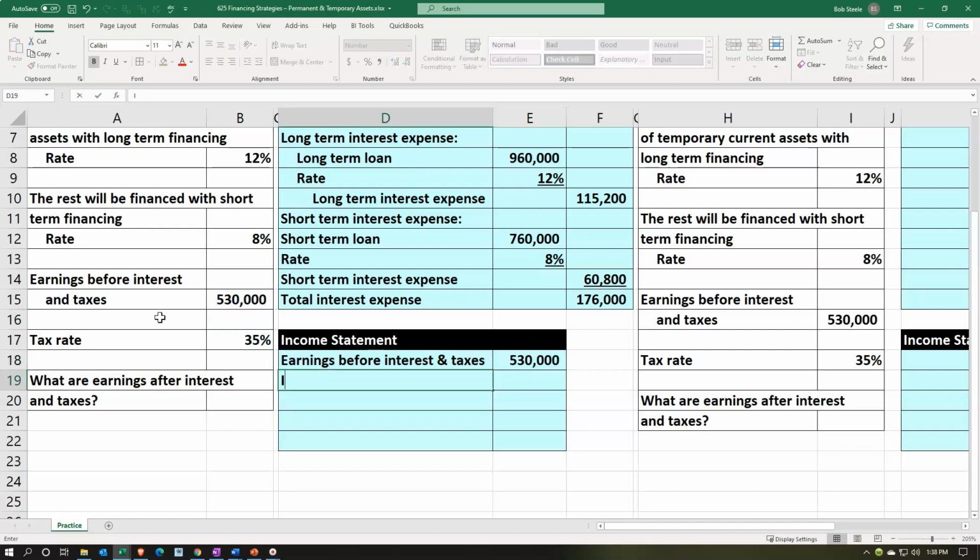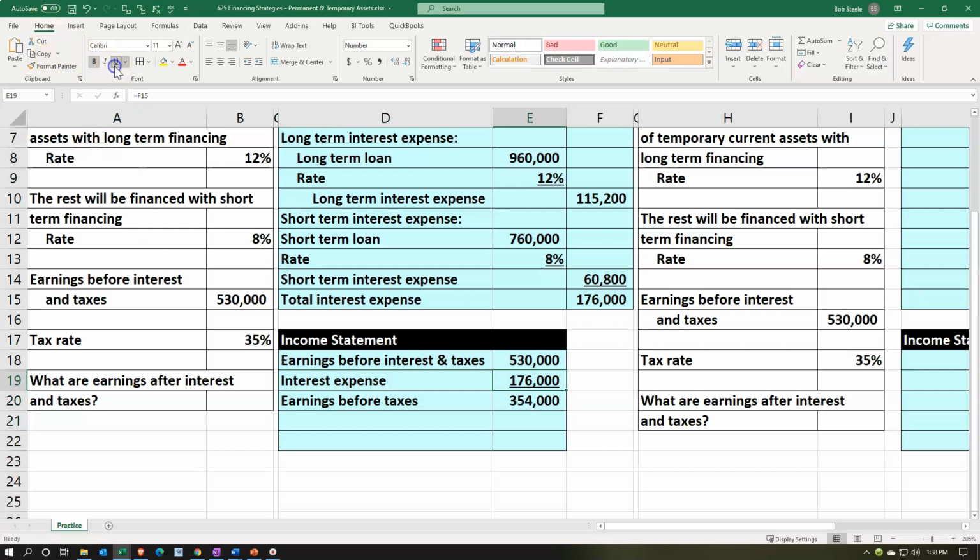Then we calculated the interest expense up top. We did that right here. That's what we just did. That's the 176,000. That's going to give us the earnings before taxes, which is going to be equal to the 530 minus the 176. Let's put an underline here.